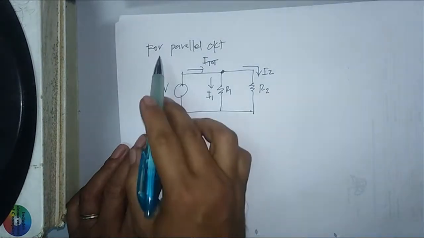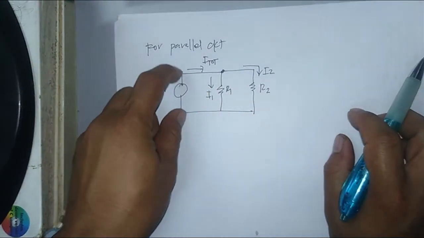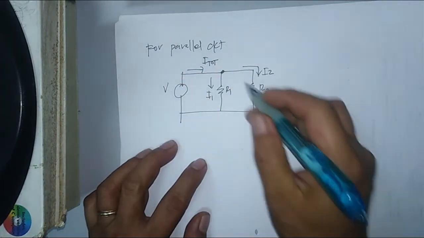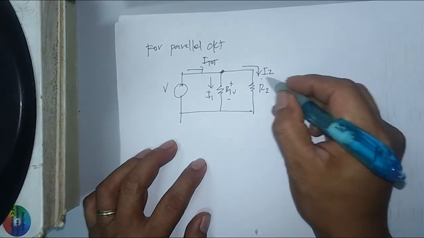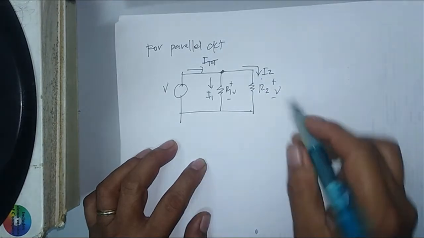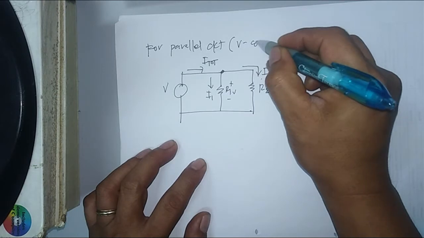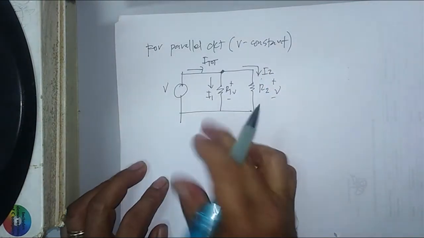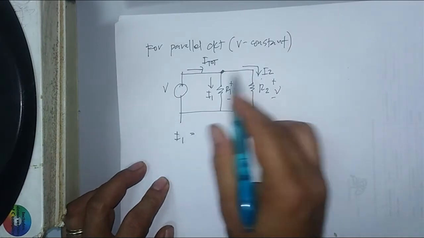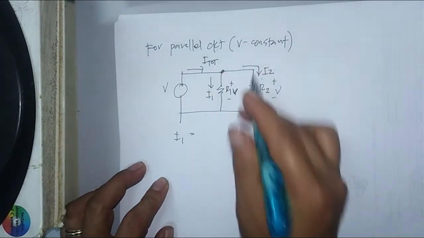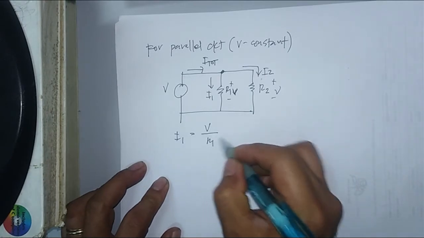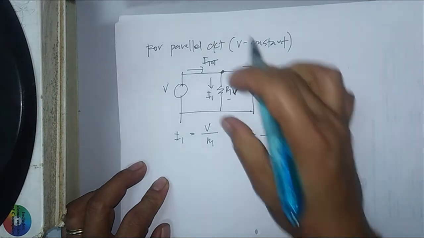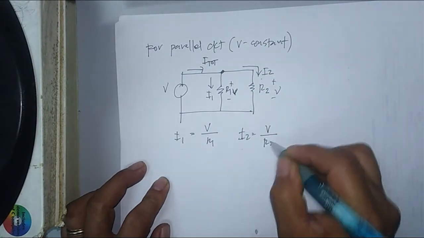Take note, for parallel circuit, the voltage here will be the same here and the same here. So meaning to say, for parallel circuit, the voltage is the same or constant. Now to solve for I1, according to Ohm's law, that is just the voltage over R1. To solve for I2, since the voltage is the same, that is V over R2.